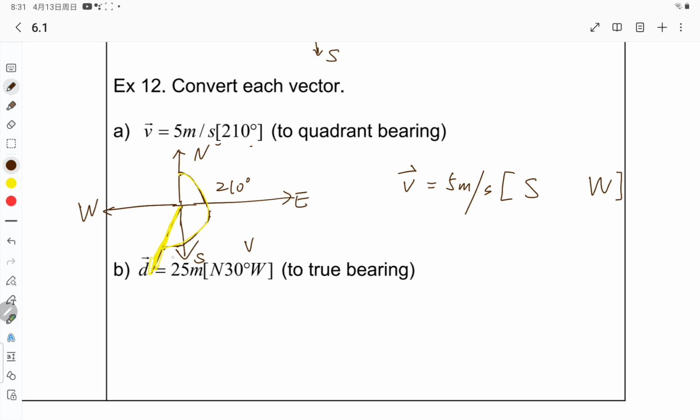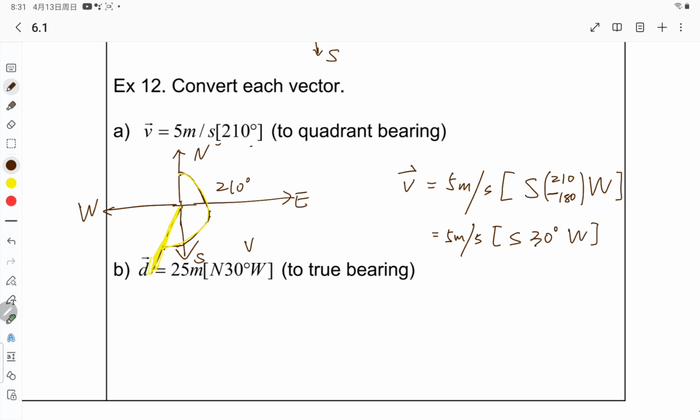So from the south, because the definition says that the north-south line can be a reference baseline. So this is just going to be 210 minus 180 degrees, right? So 5 meters per second south 30 degrees west.